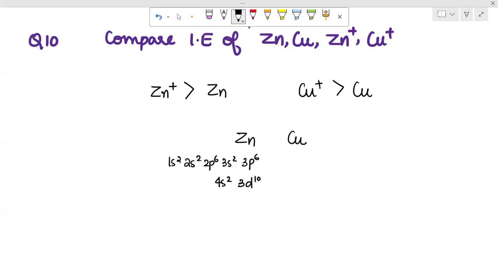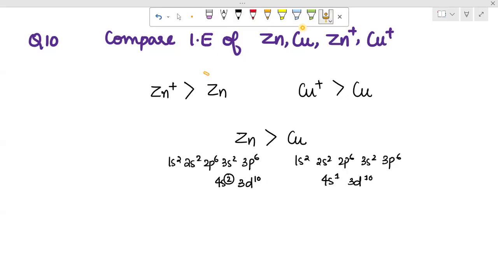Completely filled. While copper is 1s2, 2s2, 2p6, 3s2, 3p6, 4s1, 3d10. We know this, right? So a fully filled configuration will be given more priority than half filled. So s is half filled over here, and s is fully filled over here. So Zn is greater than Cu. That also you got.